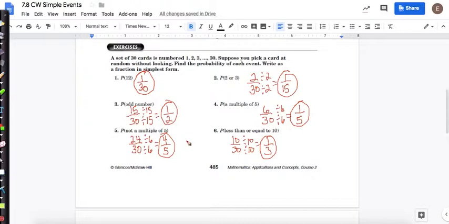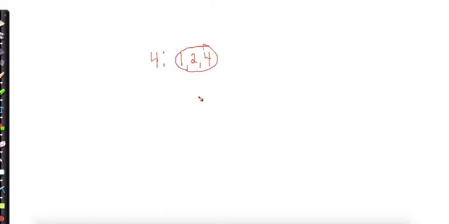Factors are numbers that we can multiply together to get another number. So I'll just show you right here. You don't have to write this down, but factors of 4 would be 1 and 4, because 1 times 4 is 4, and 2 times 2 is 4, so 2 is also a factor. Now I don't write 2 twice, I just write it one time. So 4 would have 3 factors.